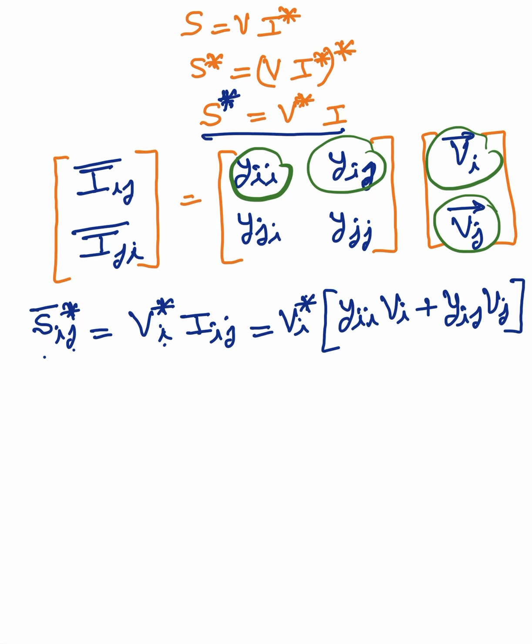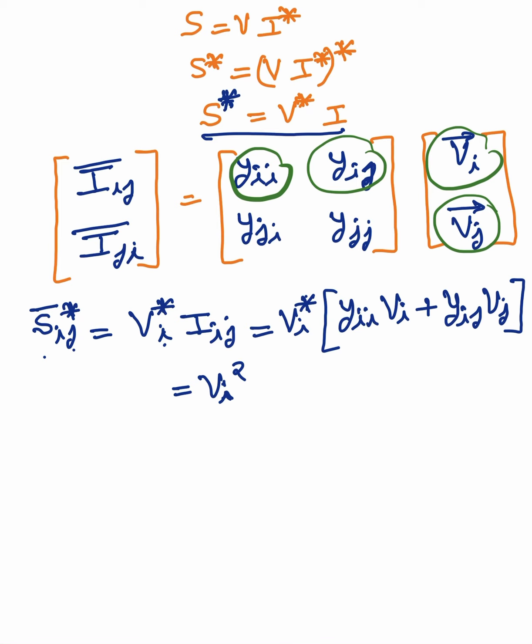Okay, multiply them, then what is the value? So we have to multiply it, that is the value is Vi square. Why we have to write the Vi square? Because we have to know what is the value of Vi conjugate. So simply we have to take the value of this.